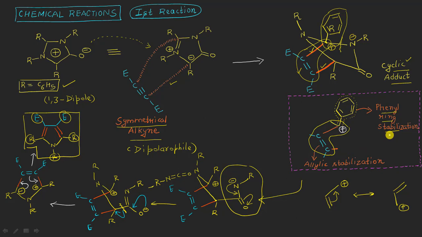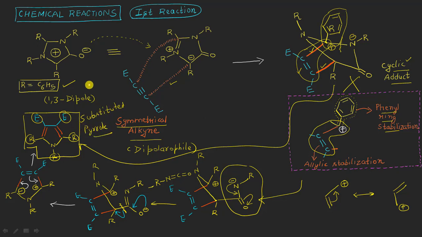Basically, it is all resonance, charge dispersal, which adds up to the stability of this carbon having the positive charge. And thus, this reaction won't be stopping here at the adduct stage. It will go further like this, resulting in the formation of this type of substituted pyrrole molecule as the final product in the very first reaction of these mesoionics.